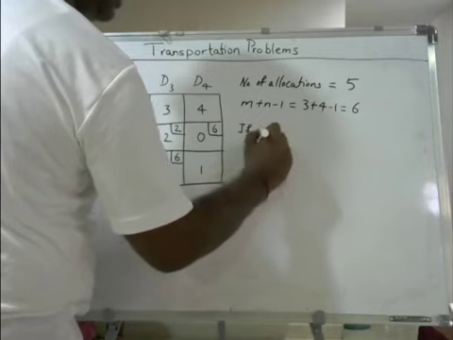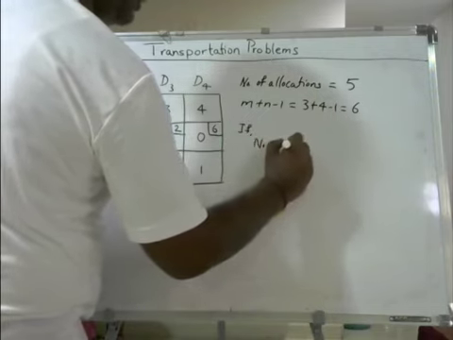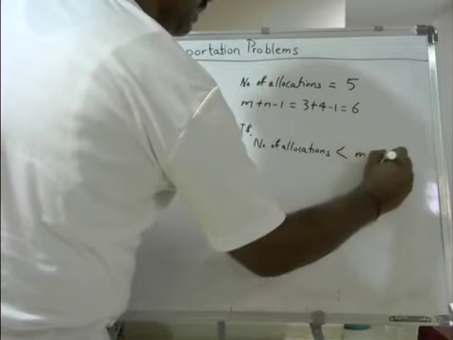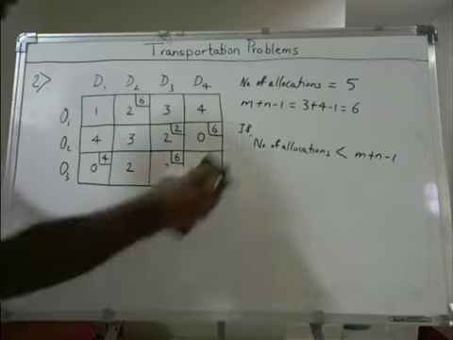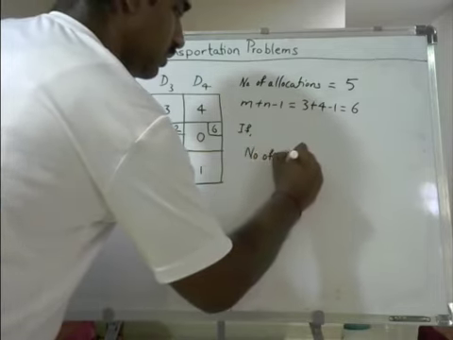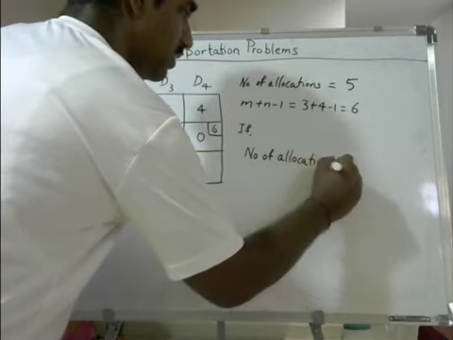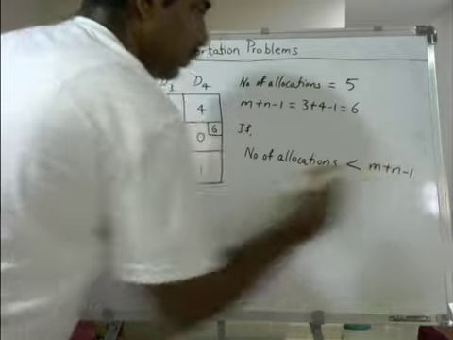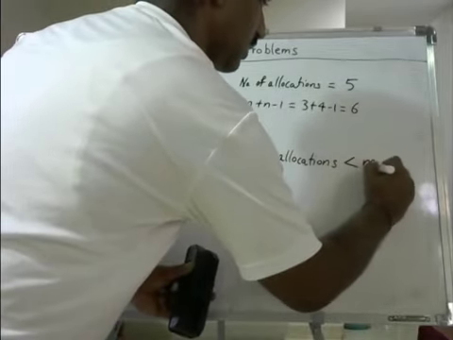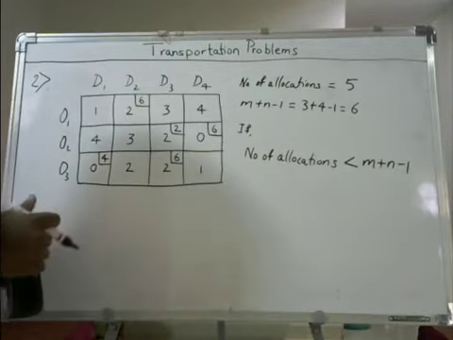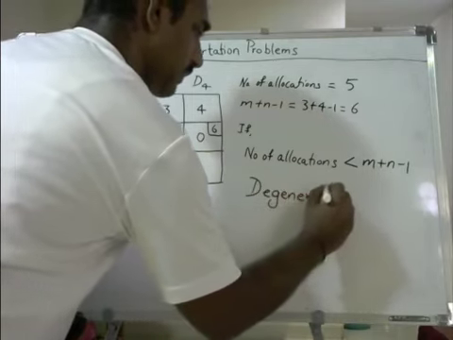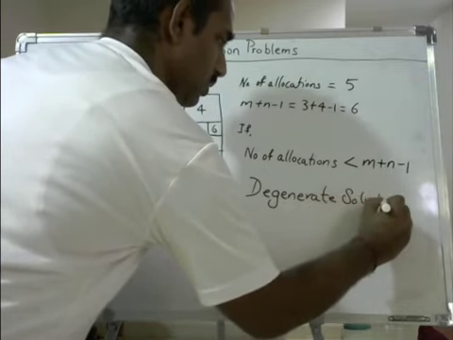If the number of allocations is less than m plus n minus 1, then this is known as a degenerate solution.